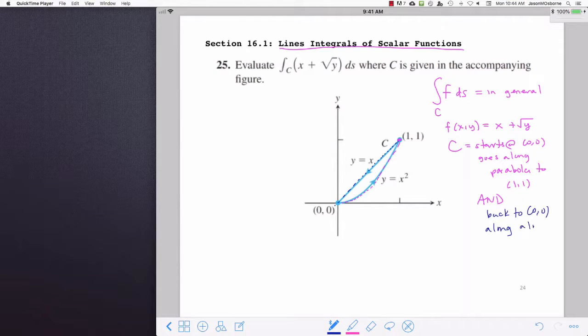So this curve is really made up of two pieces.